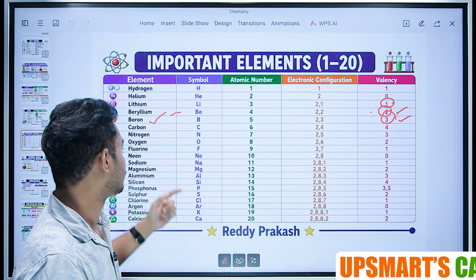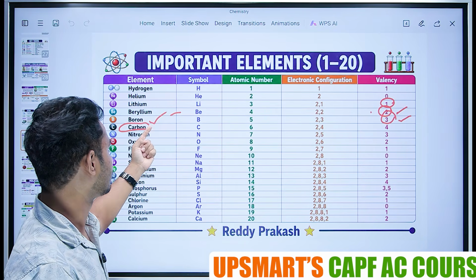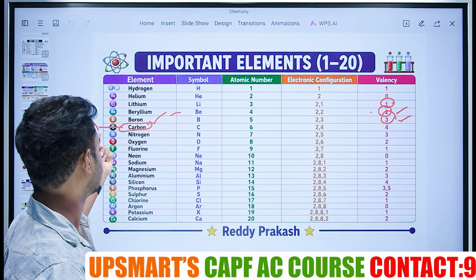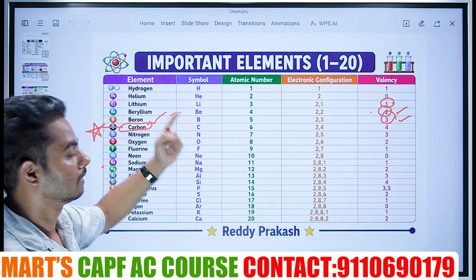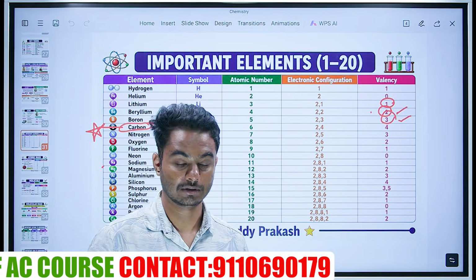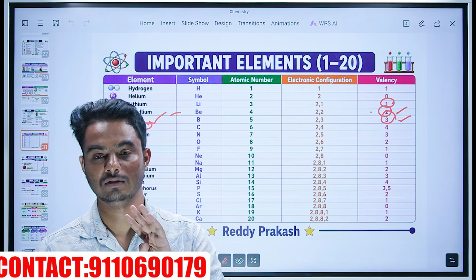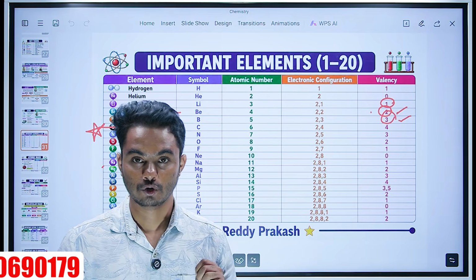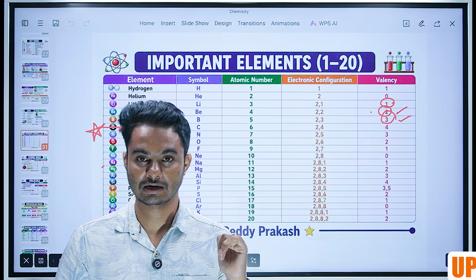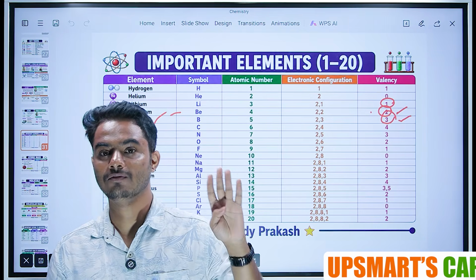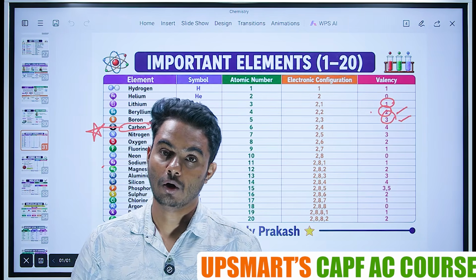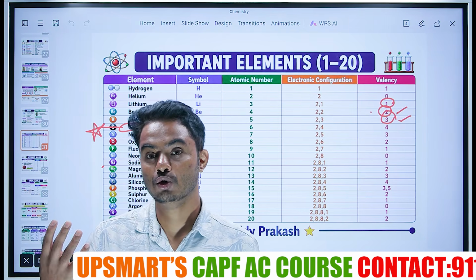Next is the most important one, carbon. Now it has 4 electrons in the L shell. To fill the L shell, it has to get 8 electrons, which means it has to gain 4 more electrons. Or, to make it 0, it has to lose 4 electrons.